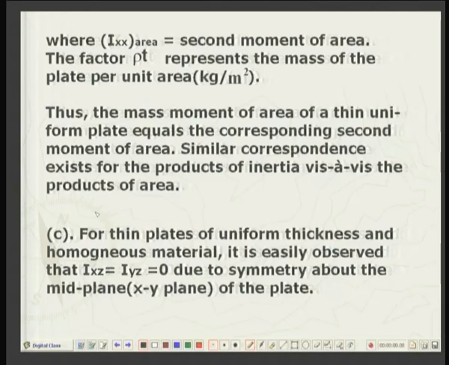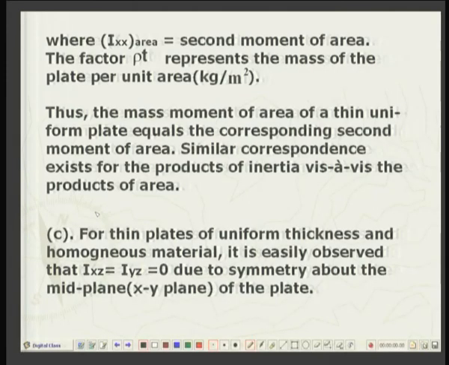Now, if a thin plate has uniform thickness and consists of homogeneous material, we will take the xy plane as the mid plane of the plate, so that the top surface and the bottom surface of the plate are symmetric about the mid plane.